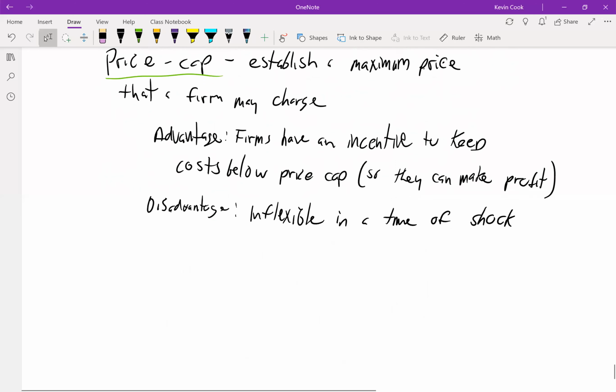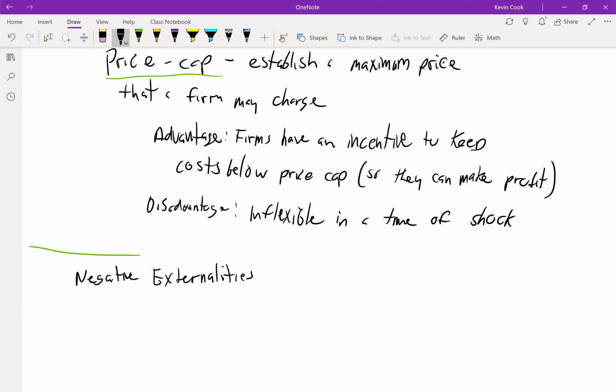So after this, we started getting into our externalities. And we had two chapters that covered externalities, positive and negative. If you remember, we started with negative. Our negative externalities.